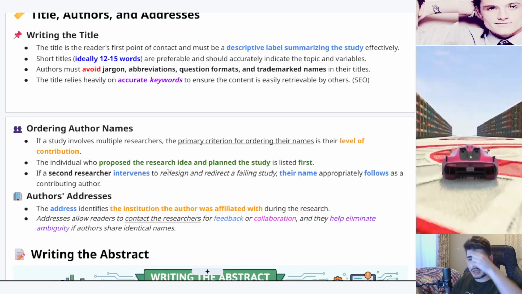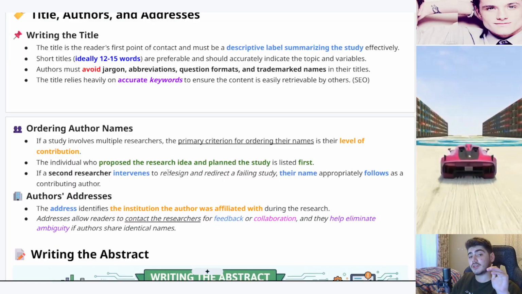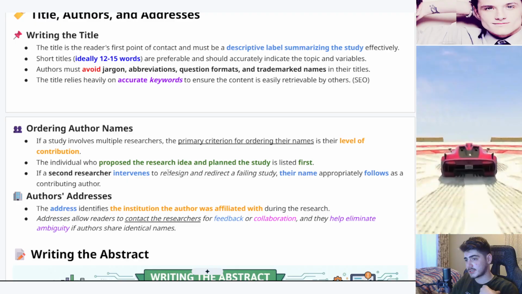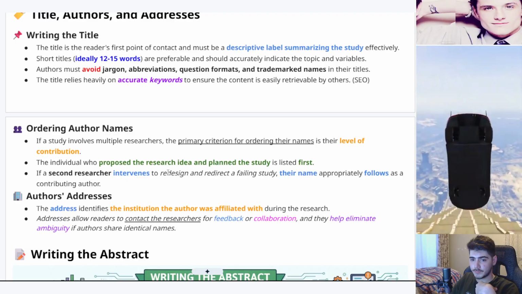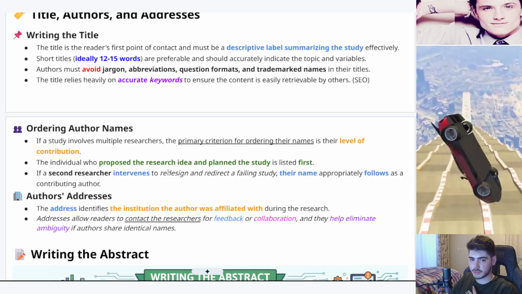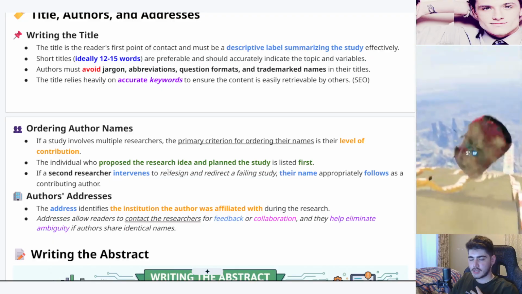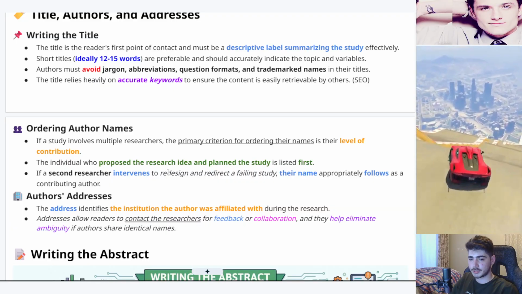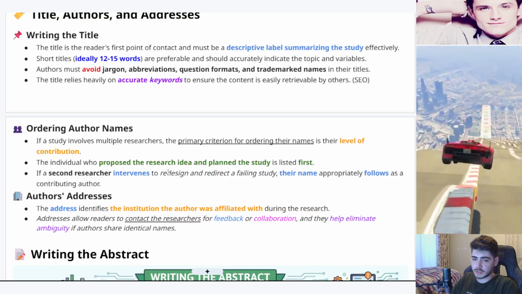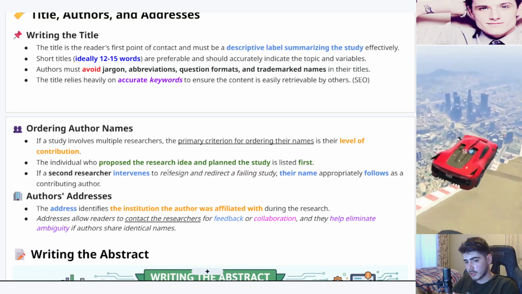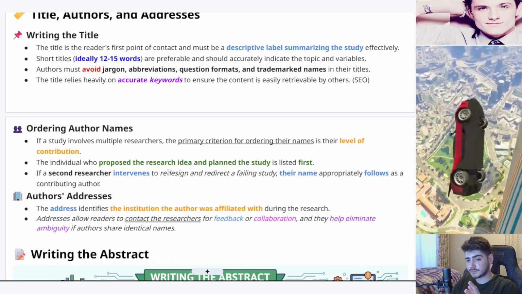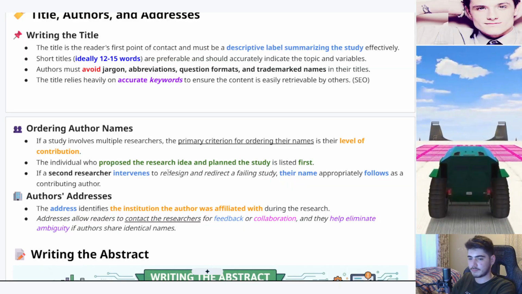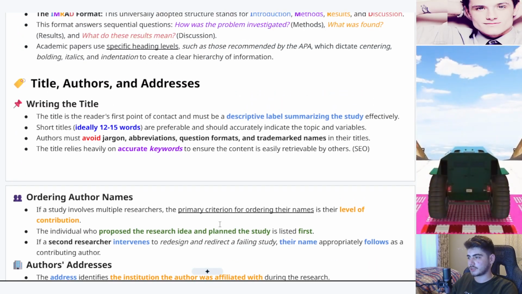And he redirected a failing study. Their name would follow the first researcher in the list of the names. So if you abandon your project, if you fail to complete your project, but a second person comes along and then revives it, their name will be written after your name, which is interesting.